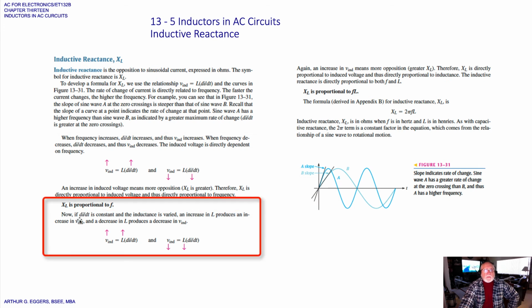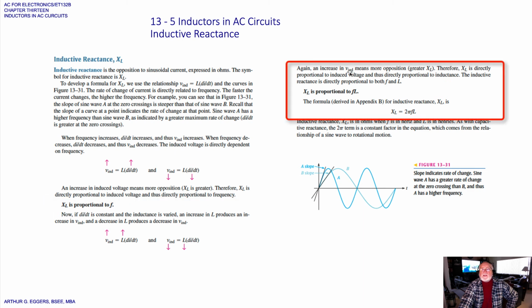Now, if di/dt, the slope, is constant and the inductance is varied, an increase in inductance produces an increase in the induced voltage, and a decrease in inductance produces a decrease. Okay, and just think of it as a multiplier. So when we have our multiplier by the slope, it's going to act in unison correspondingly.